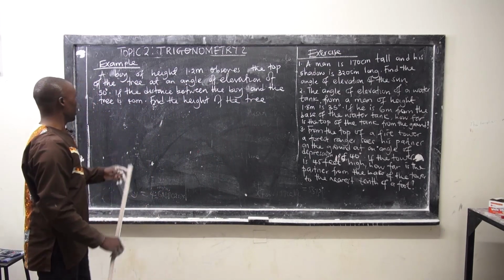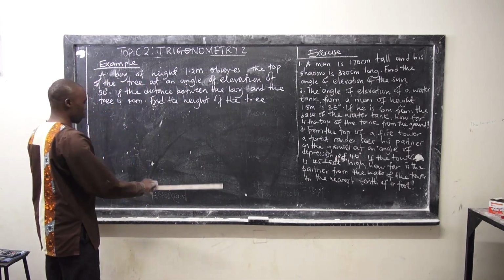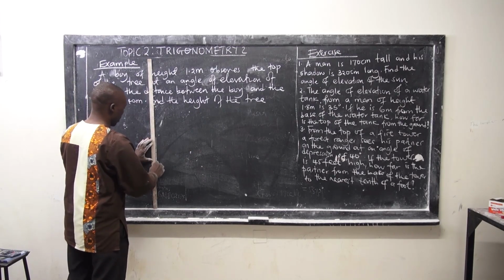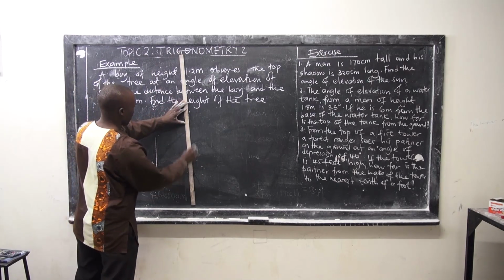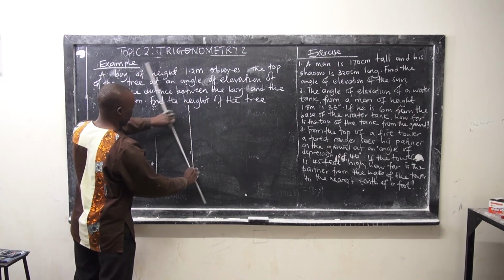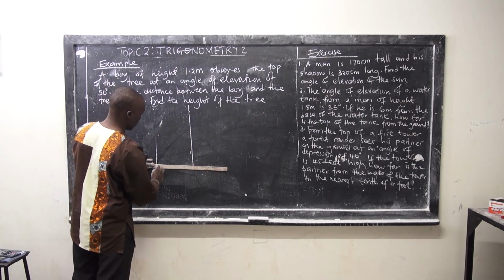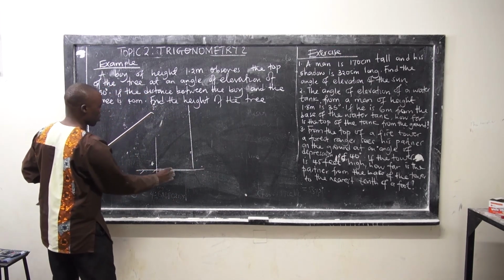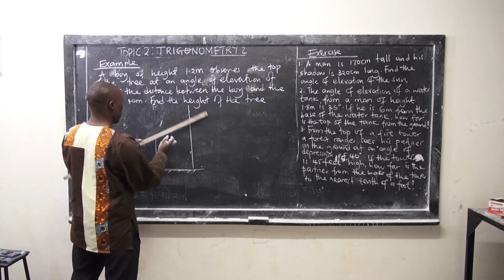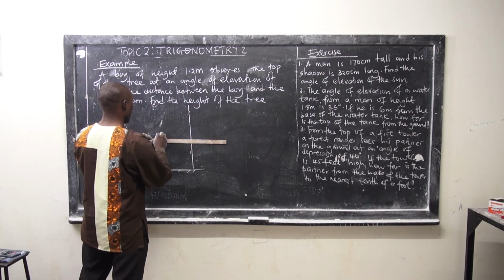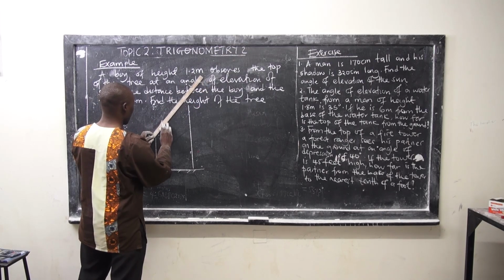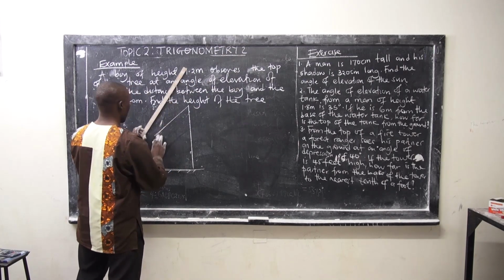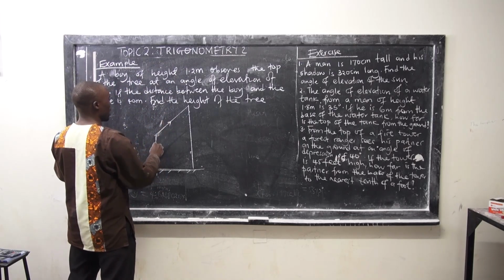Let's sketch that. A boy of height, so a boy has a lower height than the tree. So I sketch him kind of shorter than the tree. So this is the ground level. And now this one, this is the elevation of this boy. So this is the eyesight.